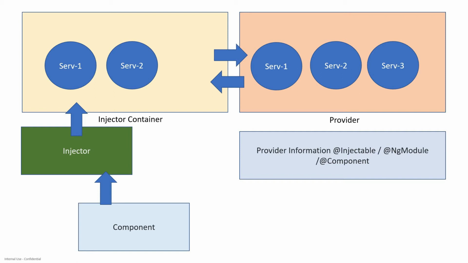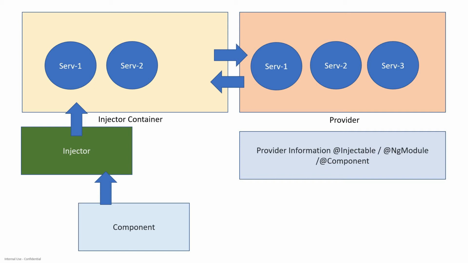When you call the injector, Angular will create an application-wide injector for the developer during the bootstrap process. The injector will create dependencies and maintain them throughout the application process.